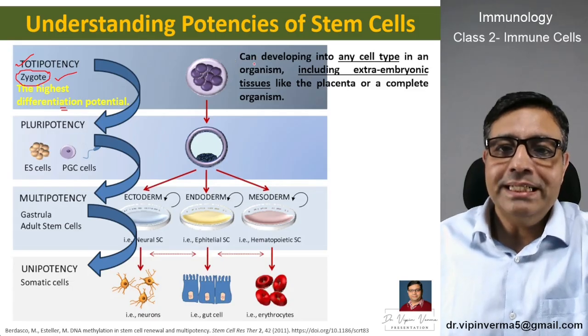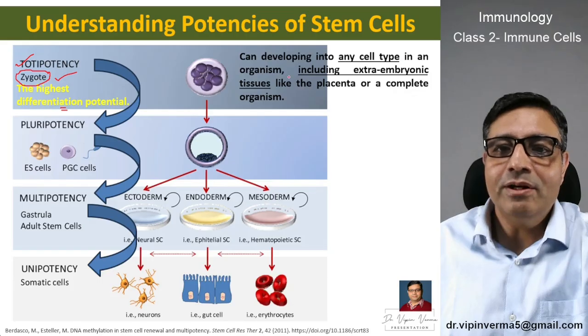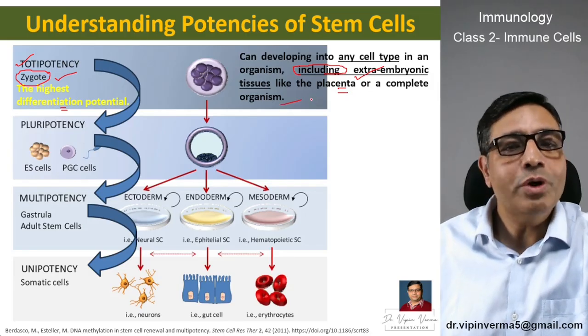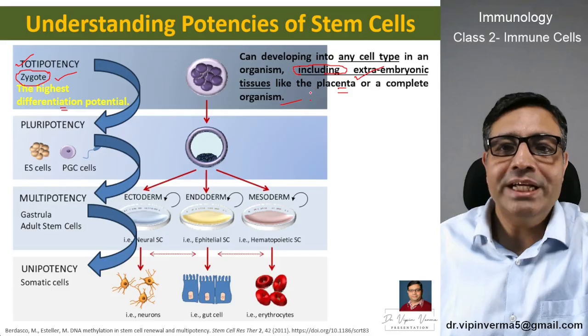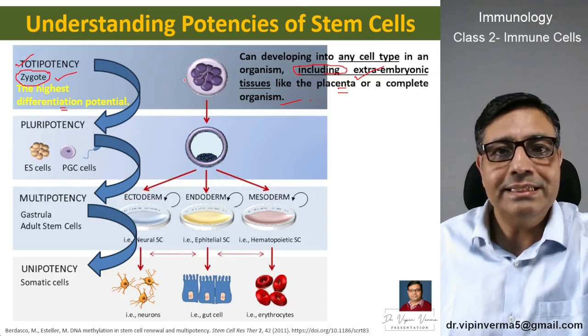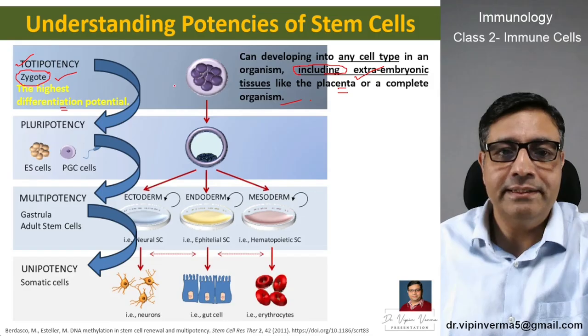So these totipotent cells can develop into any cell type in an organism, including, now you have to remember, including extra embryonic tissues, for example the placenta, or a complete organism. So any cell which can develop into a complete organism, or can also give rise to extra embryonic tissues, that cell is called a totipotent cell.